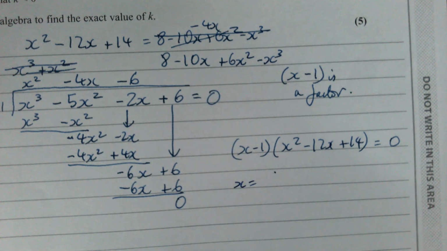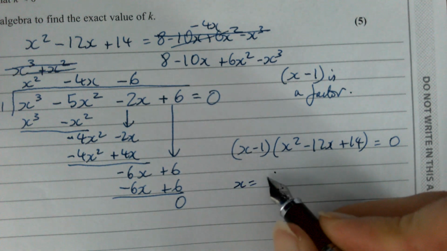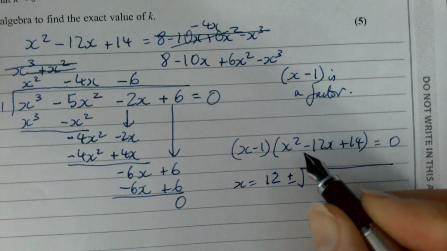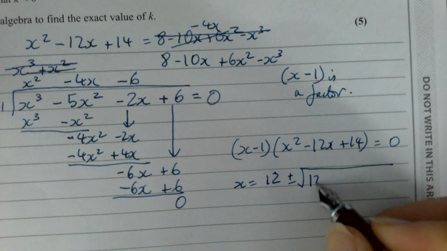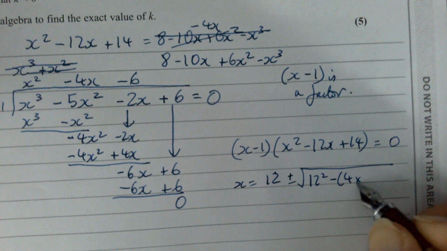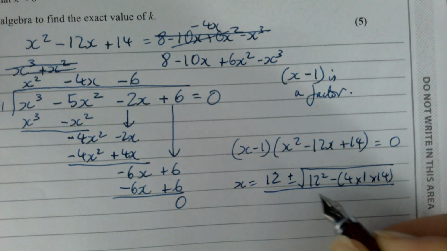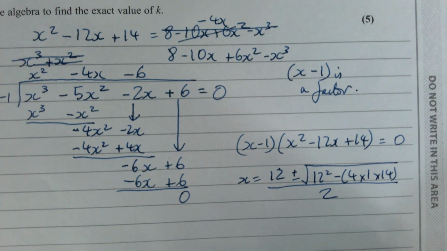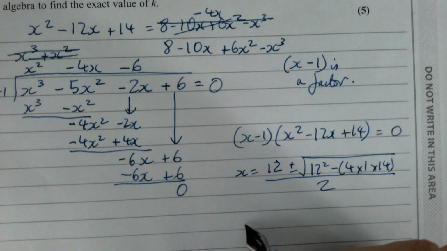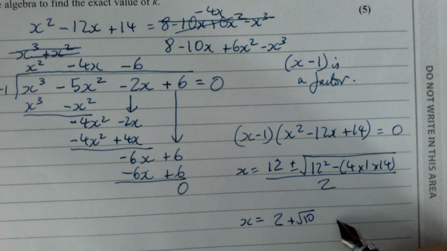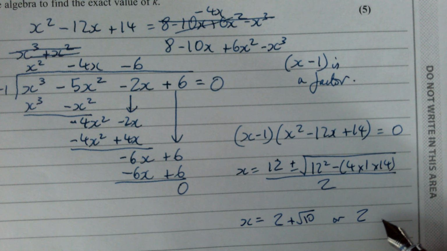So x is negative b, so that's plus 12 plus or minus the square root of b squared, 12 squared, minus 4 times 1 times 14, all over 2 times 1 is 2. And if you whack that into the calculator, we should get 6 plus root 22, or 6 take root 22.